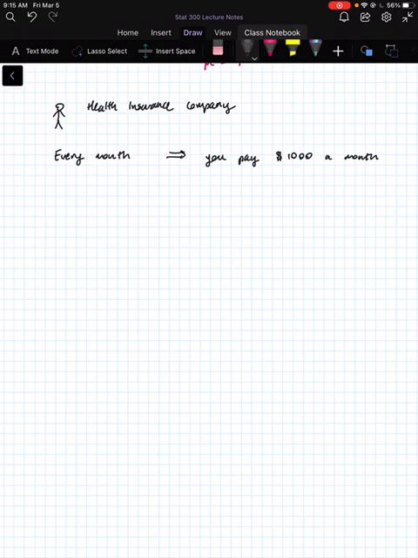So the idea is you can think of it as a very simple experiment where at some point throughout the year you either get hospitalized or you do not.